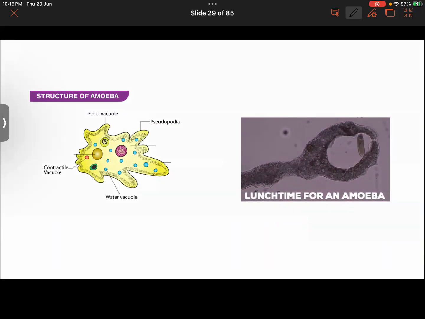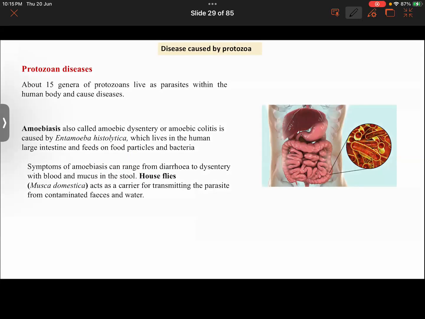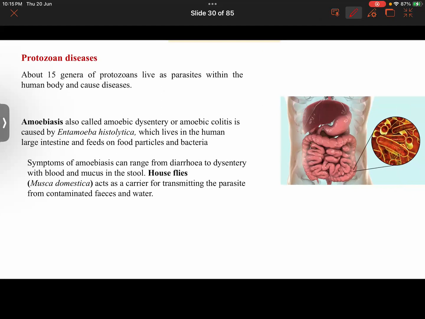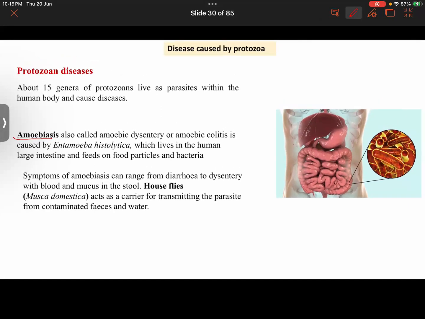They are known to cause several types of diseases. For example, as I told you, in the human body alone, 15 different types of protozoa are found living as parasites. Now there is a disease called amoebiasis, also called amoebic dysentery.